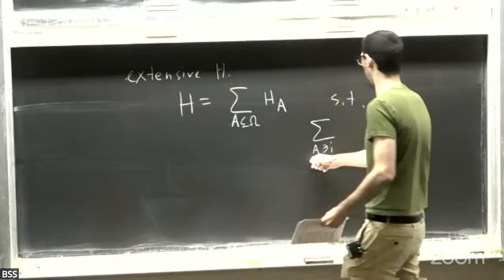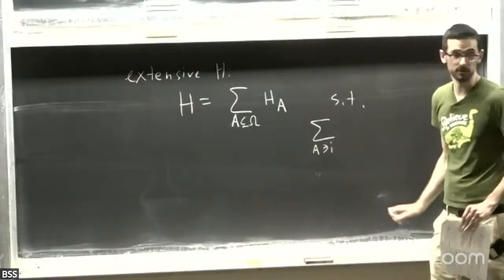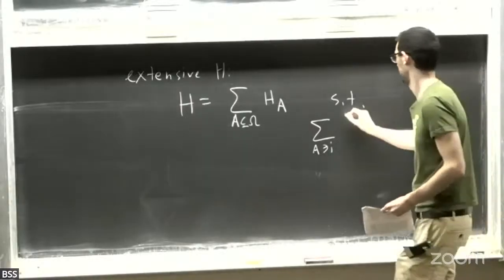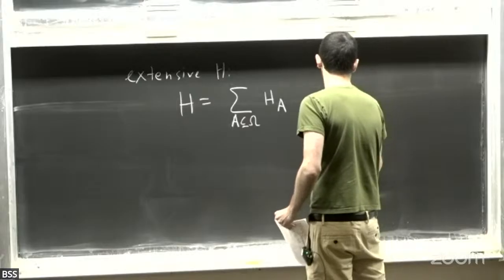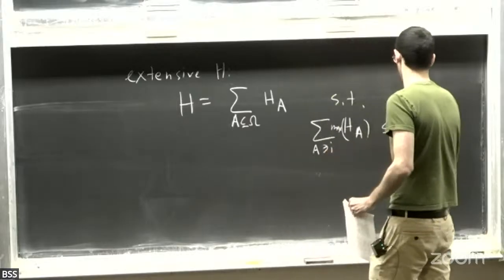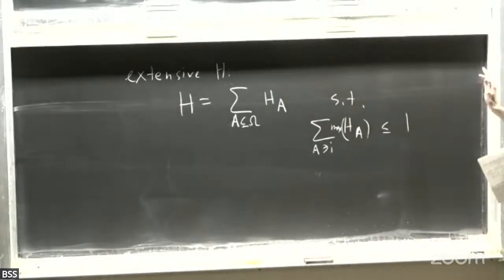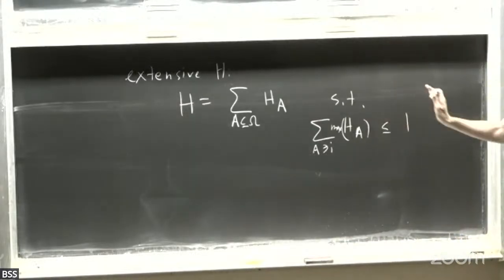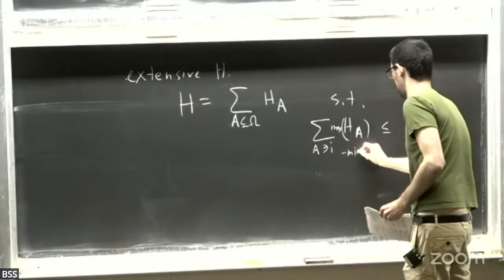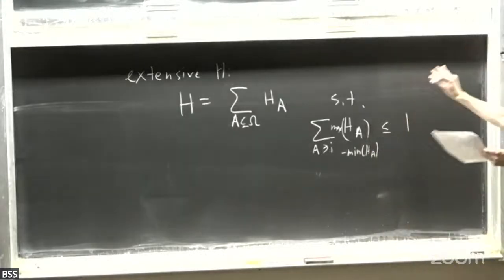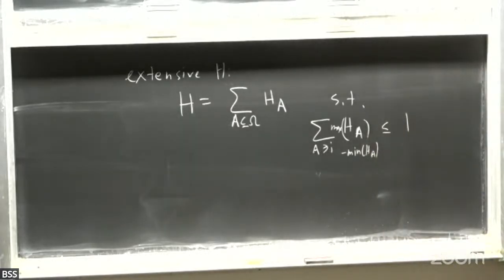This means all the subsets A that contain a specific vertex, which I'm calling I. Let me write it this way. In some units, you could put another number here if you wanted, but basically, no matter what you do to a single bit, maybe you can subtract off the minimum value if you want to be pedantic, but basically changing one bit can only change the energy by order 1.